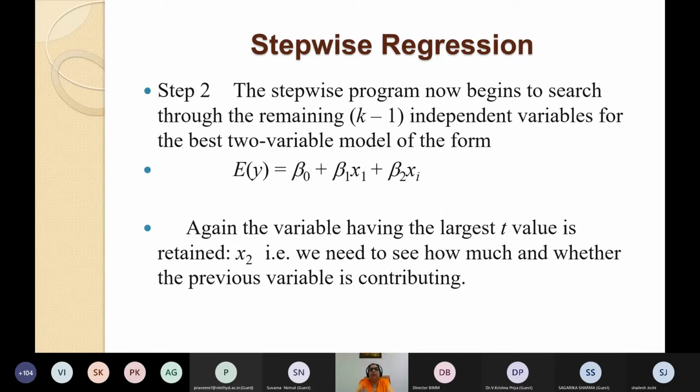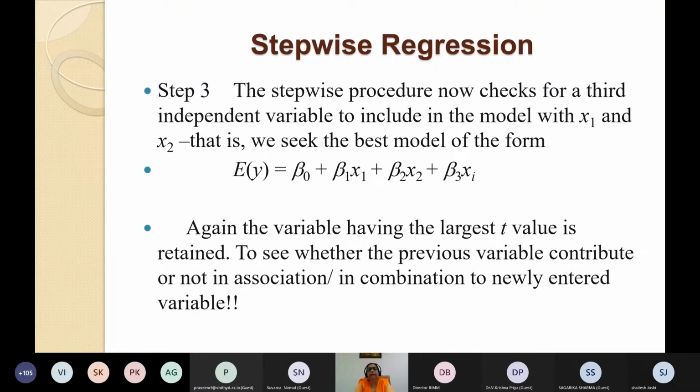So now the stepwise program starts searching through the remaining k-1 independent variables for the best two-variable model. Again, the variable having the largest t-value is retained, x2, and so on. So this method is repeated with all the variables from x1 to xp, till you identify the best possible model.